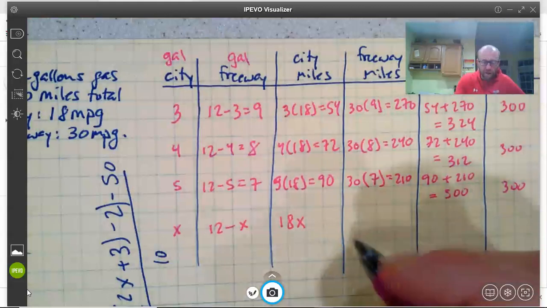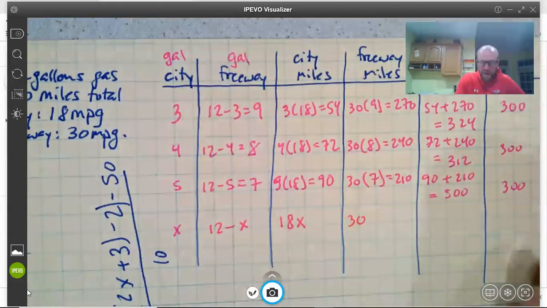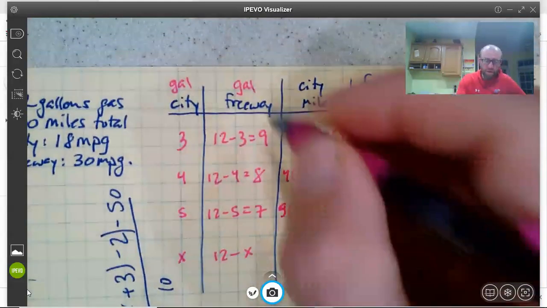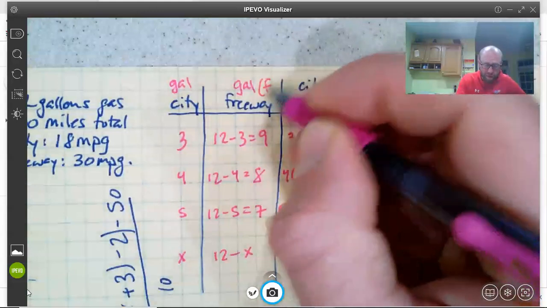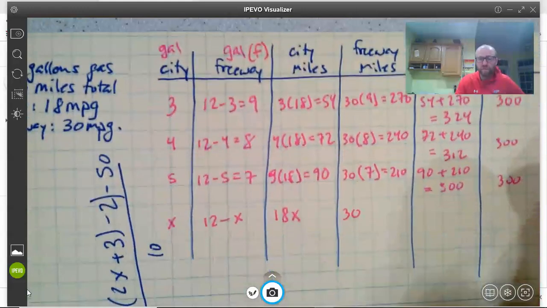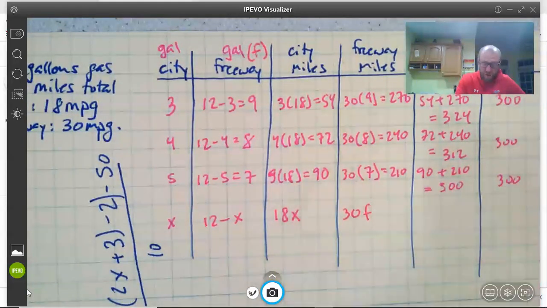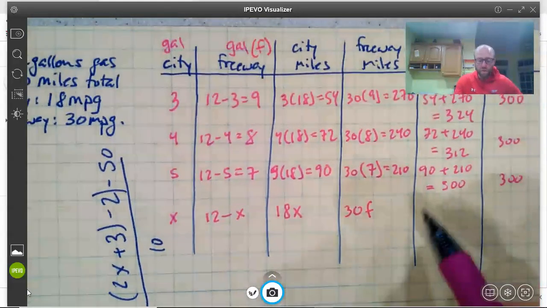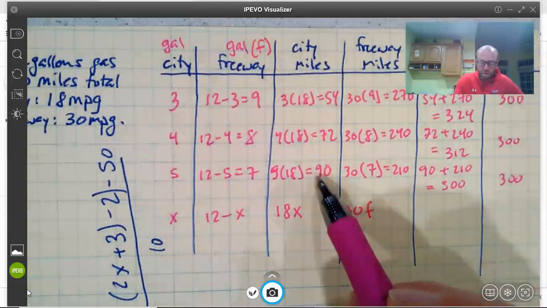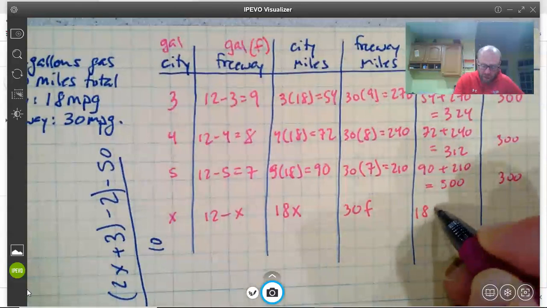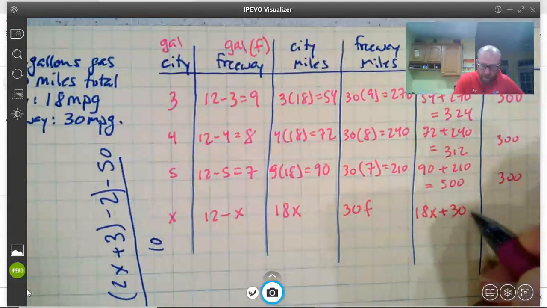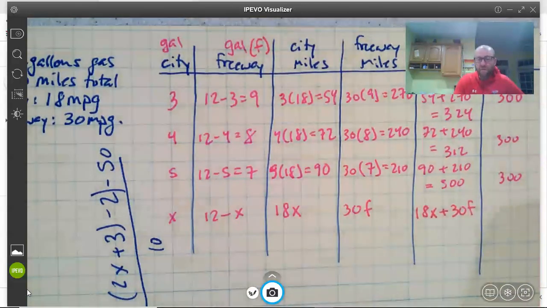Over here for the freeway miles, we always had the number of freeway gallons multiplied by the 30 miles per gallon. Now, it's not X. So let's go back here and call freeway gallons F. So it's 30F. And then for the total, we just took the city miles and freeway miles and added them together. So we had 18X plus 30F.